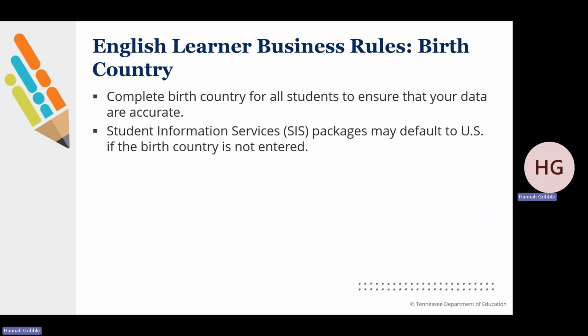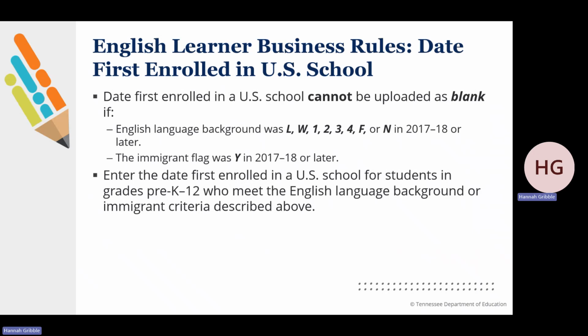Complete birth country for all students to ensure that your data are correct. Student Information Services, or SIS, packages may default to U.S. if the birth country is not entered. The date first enrolled in a U.S. school cannot be uploaded as blank if an English language background was L, W, 1, 2, 3, 4, F, or N in 2017-18 or later.